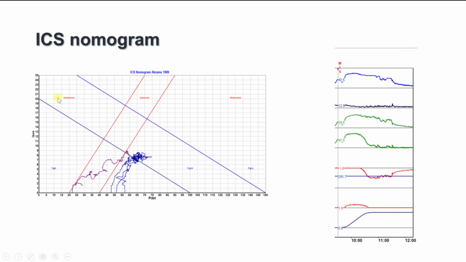On the left side is unobstructed, between these red lines is equivocal, and right of the red line is obstructed. So this is borderline obstructed. Similarly, we're looking at blue lines from below upwards. Below is weak, between lines is normal, and above the blue line is strong detrusor. So this patient has normal detrusor and obstructed outflow.